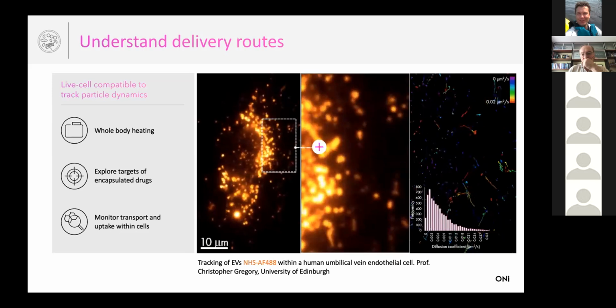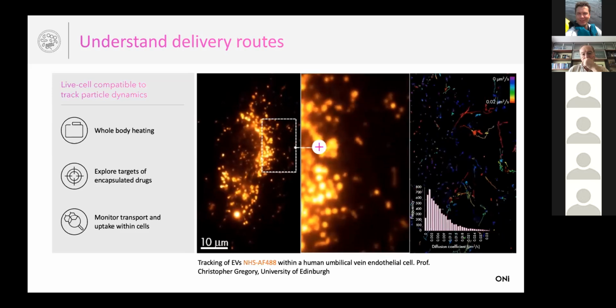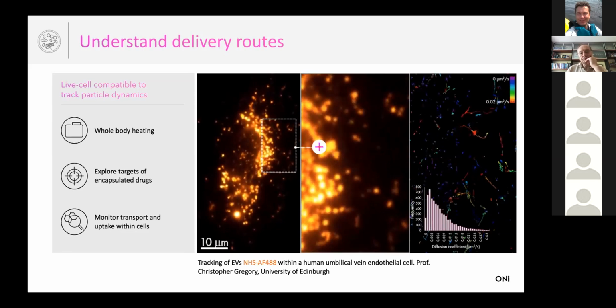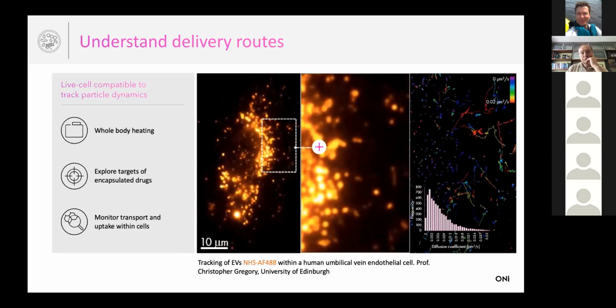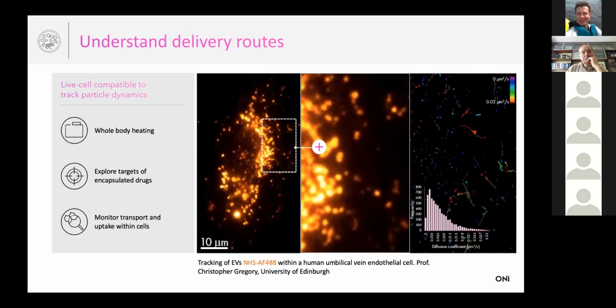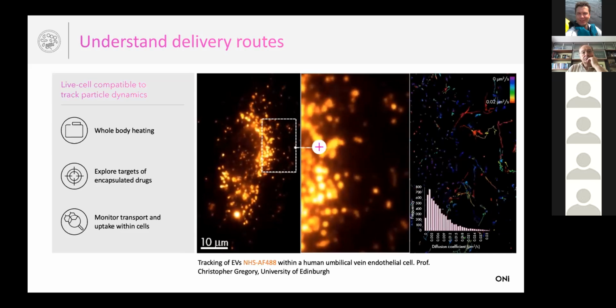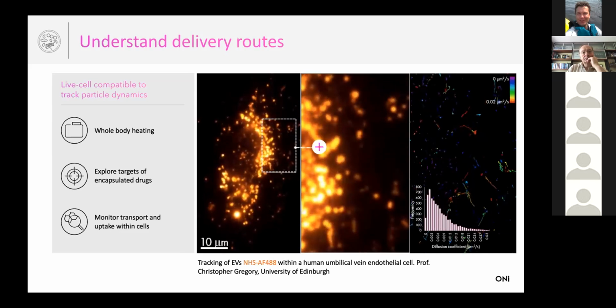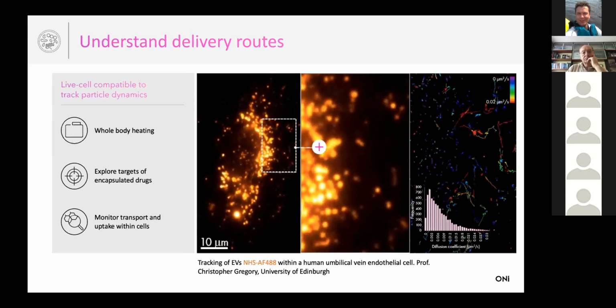One of the really interesting things that came out from this data was that we can see that there's a greater speed and distance from these EVs that is occurring at the cell periphery. And if we move closer towards the perinuclear region, there is a change in speed as well as distance. And this perhaps suggests a change in mechanism or some form of interaction that's occurring towards the nucleus. And this experiment itself really paves the way for the next set of questions that we want to answer.